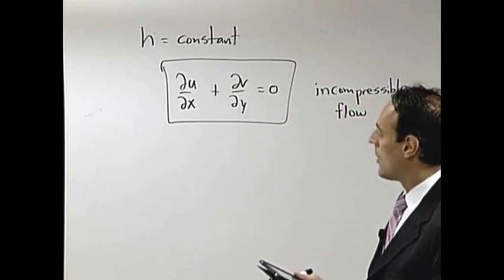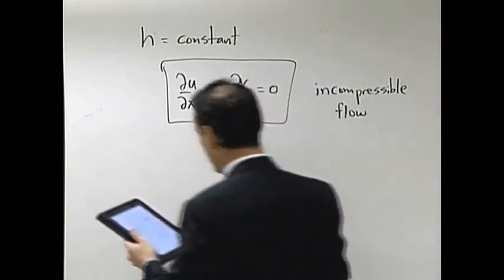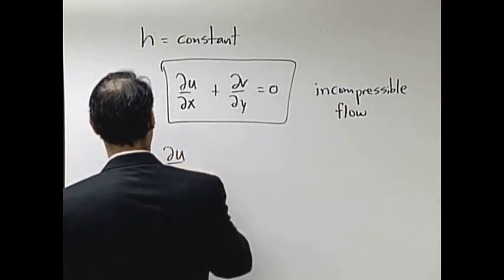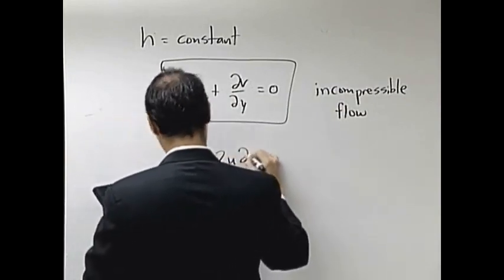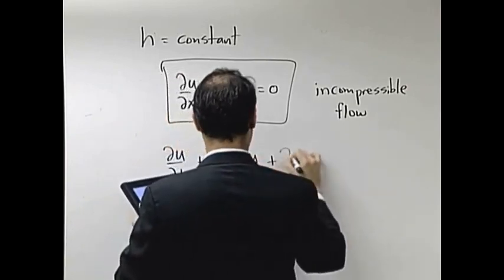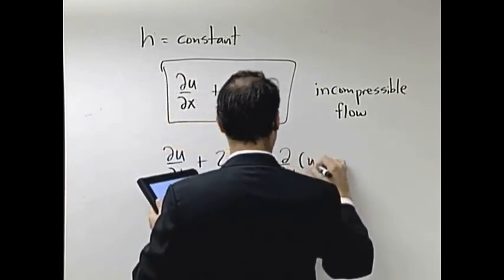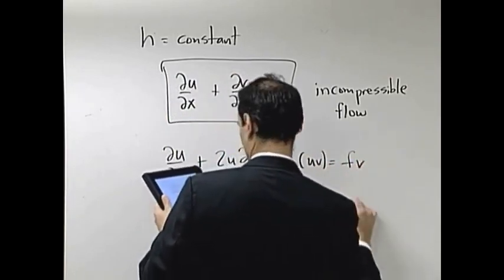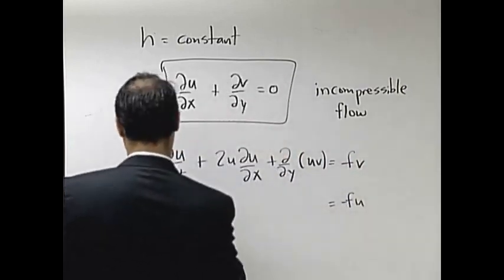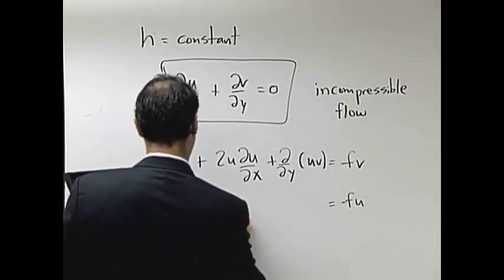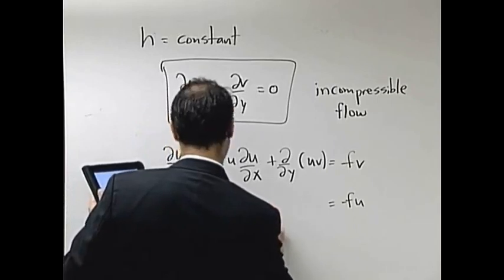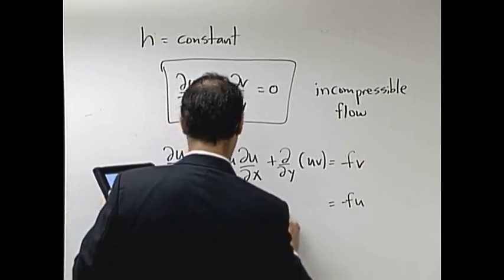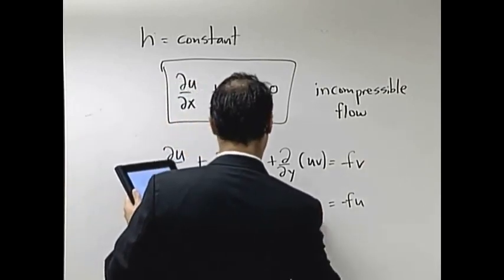All right. The other two equations reduce down reasonably well to the following. du dt plus 2u du dx plus d dy uv is equal to f v, and dv dt plus d dx uv plus the dv dy term.